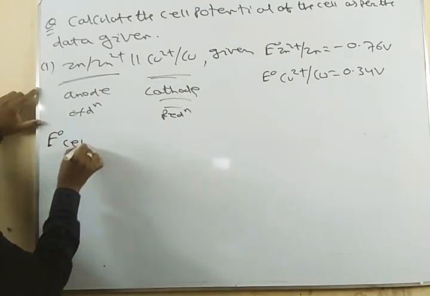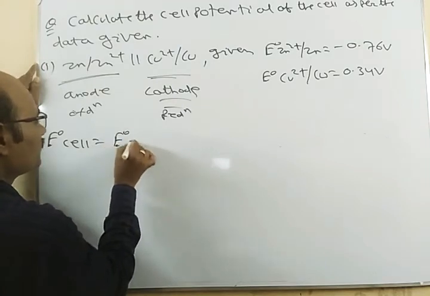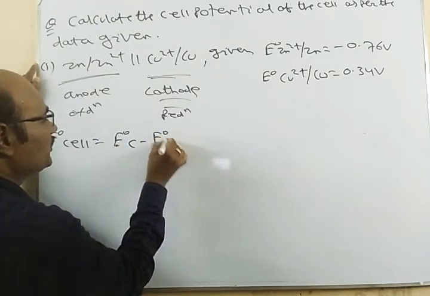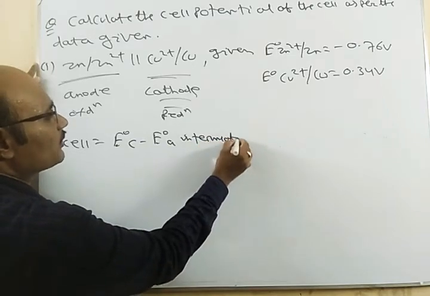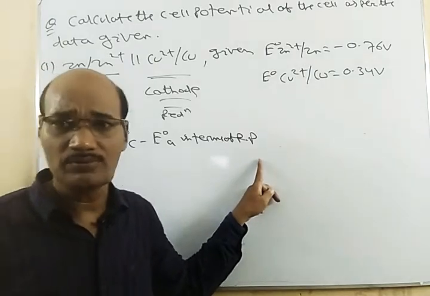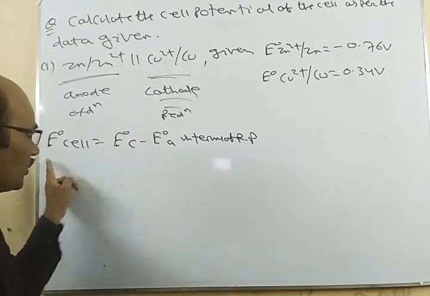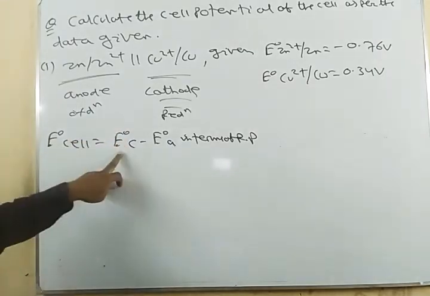E naught cell is equal to E naught cathode minus E naught anode, in terms of reduction potential. Who is the cathode here?